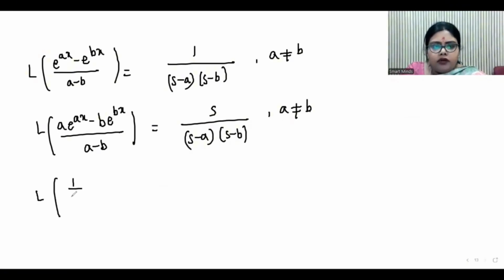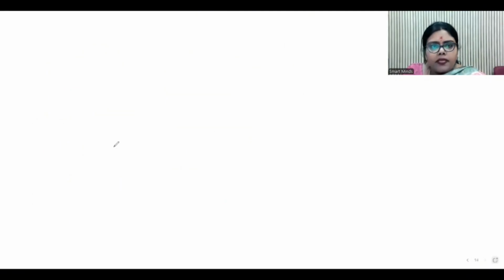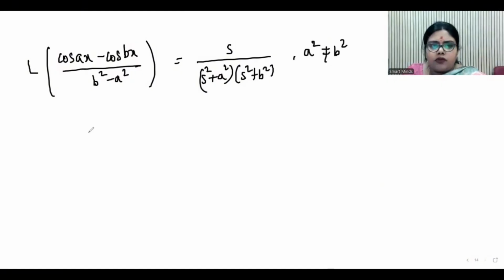Now L of 1 by 2a cube into (sin ax minus ax cos ax) is 1 by (s square plus a square) whole square. L of (cos ax minus cos bx) by (b square minus a square) is s by (s square plus a square)(s square plus b square), where a square is not equal to b square.